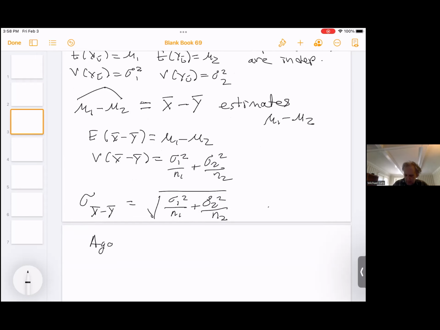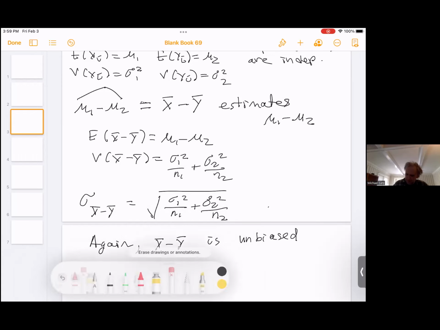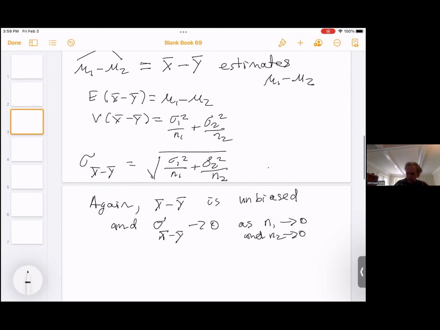So again, this estimator is unbiased for mu1 minus mu2, and the variance of the estimator, or the standard deviation or standard error of x bar minus y bar, goes to 0 as n1 and n2 go to infinity. So if the samples both get big, it will go to 0.